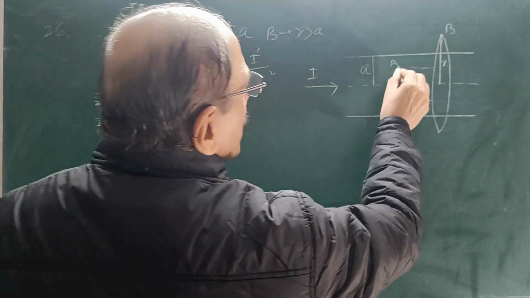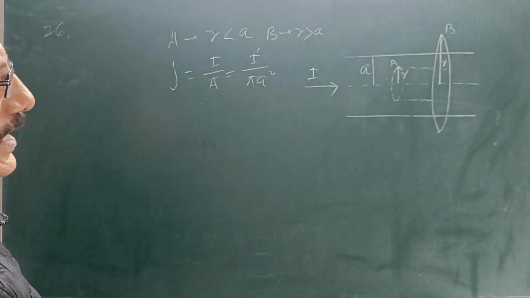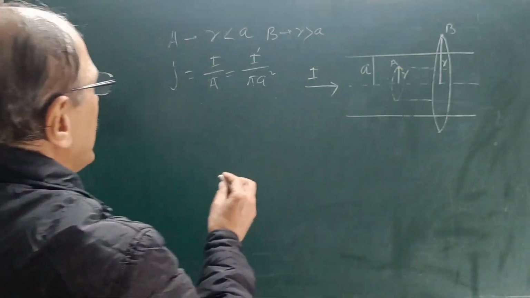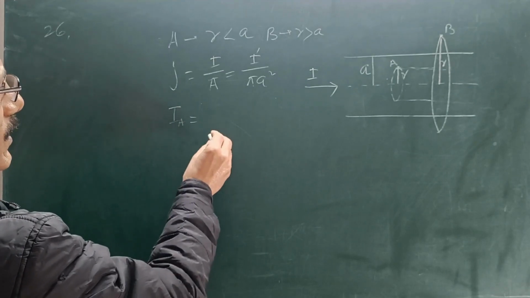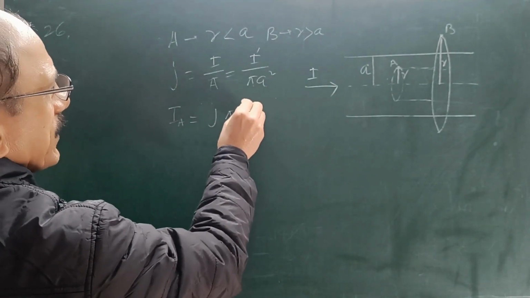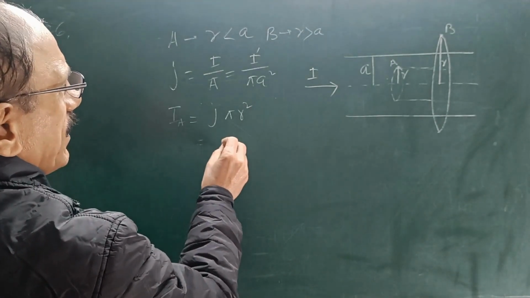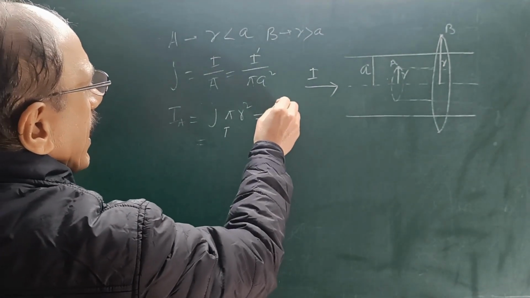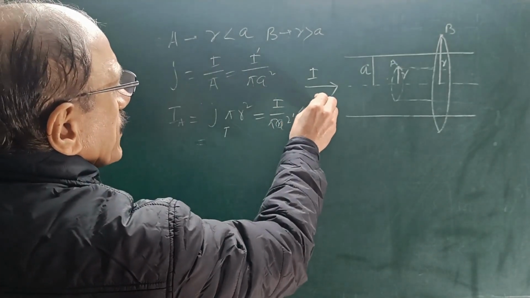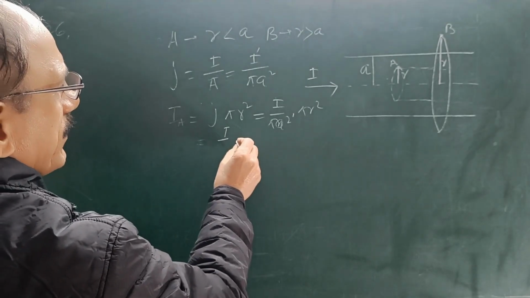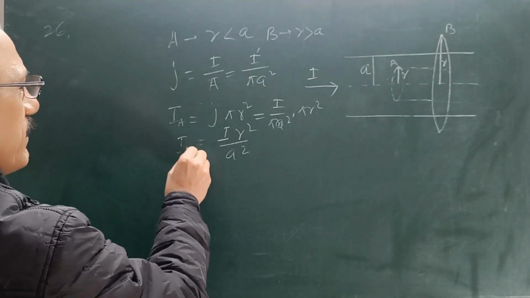So the current passing through the small cross section, that is the loop, I_A will be equal to J into pi r square, that is I upon pi A square into pi r square. So that will be I into r square upon A square, that will be I_A.